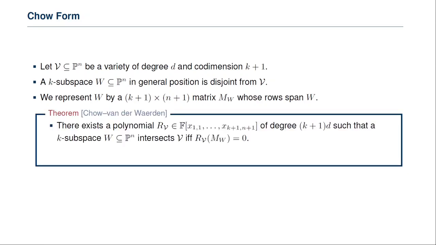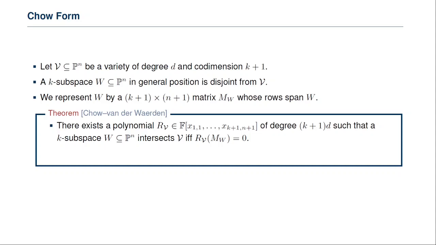Chow and Van der Waerden show that there is a polynomial R_V in (k+1) times (n+1) variables, the degree of this polynomial is (k+1) times d, and the polynomial satisfies the following property: a k-subspace W intersects V if and only if the polynomial vanishes at the matrix M_W.